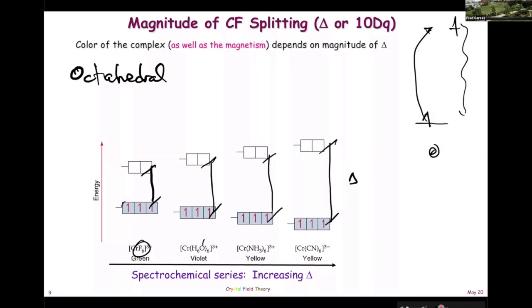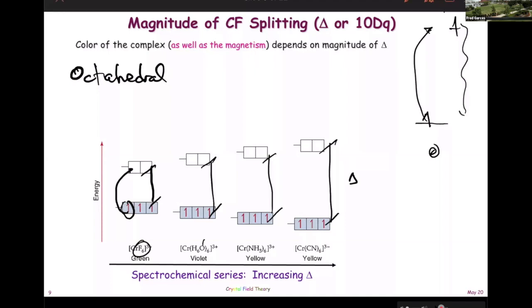You have an electron in the ground state, and if you shine light on these, they get excited to the higher energy d orbital state. And guess what? This gap right here, this difference, falls within the visible spectrum.